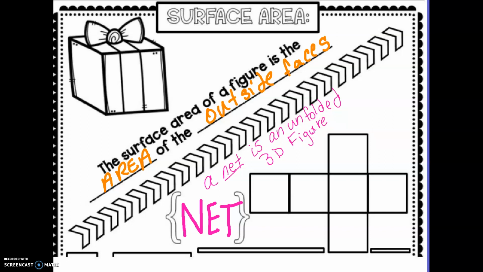So a net is made up of faces, and on this rectangular prism right here, we have 6 sides. We have the 4 faces that make up the lateral part of the net.